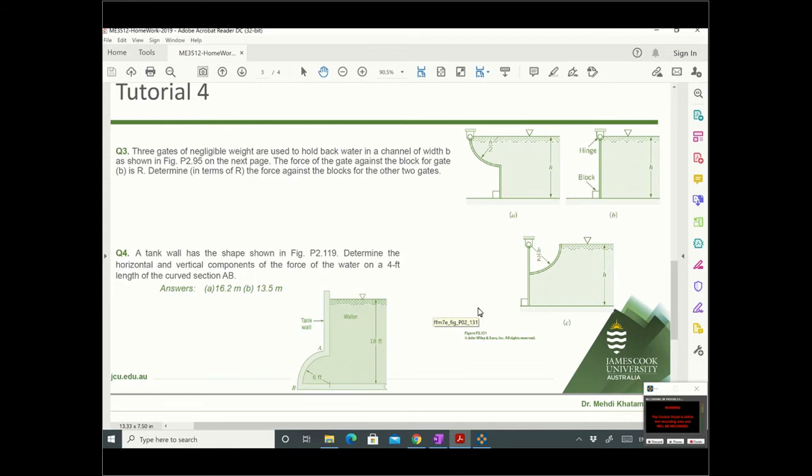Use H and B and calculate what force the block applies to the gate for part B. First start with B to find R, then go for A and C. So, the free body diagram for the gate.